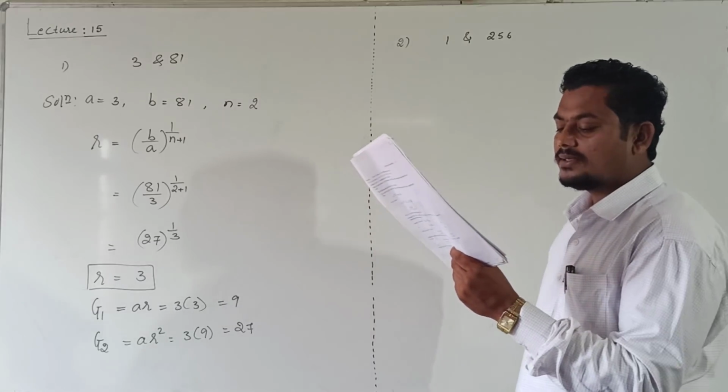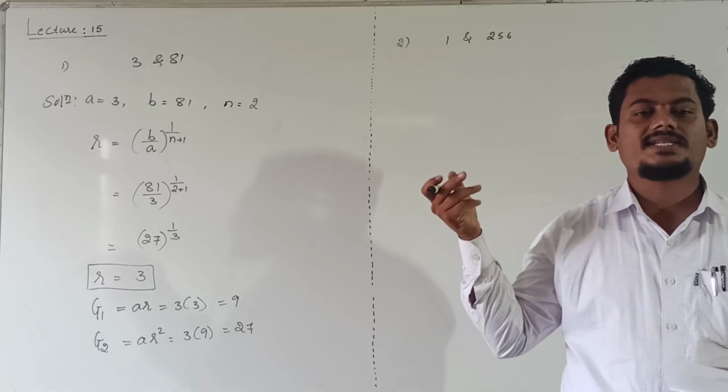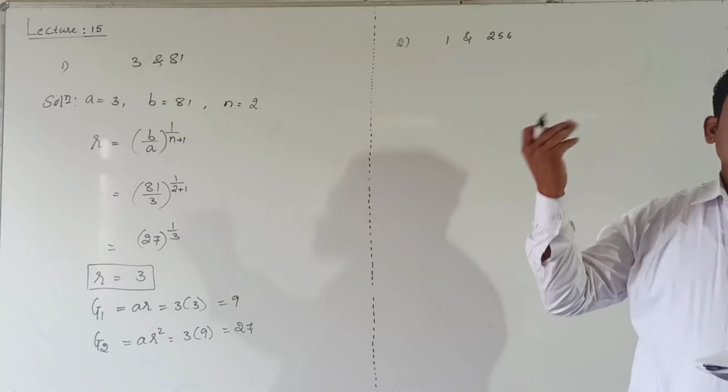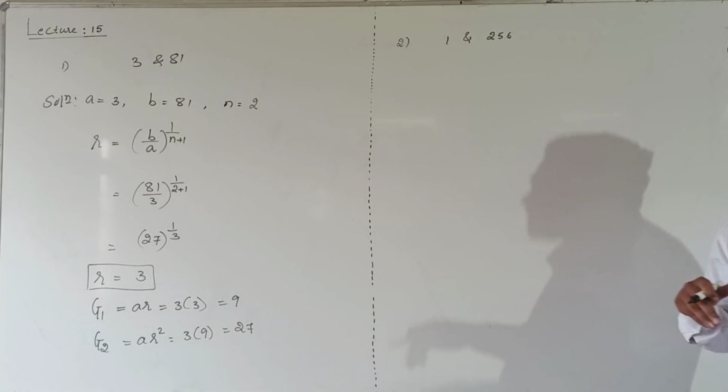Insert three numbers means we need to insert G1, G2 and G3. Three numbers means take G1, G2, G3. Two numbers means take G1 and G2. Four numbers means take G1, G2, G3 and G4.